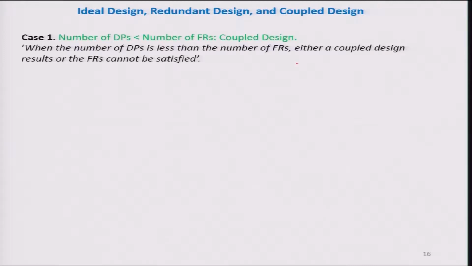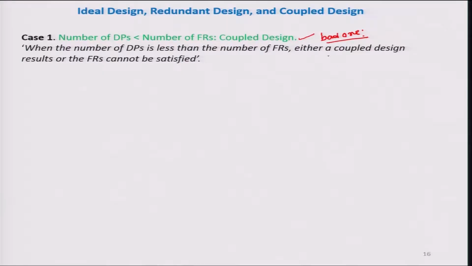Now, what are the ideal design, redundant design and coupled design? Again, you can distinguish your design in another form. For case 1, if the number of design parameters is less than the number of functional requirements, that is called coupled design, that is called bad design. When the number of design parameters is less than the number of functional requirements, either a coupled design results or the functional requirements can't be satisfied.